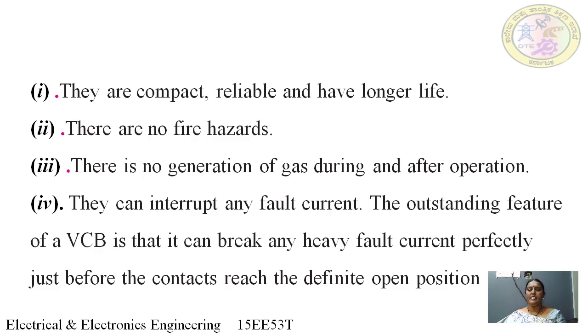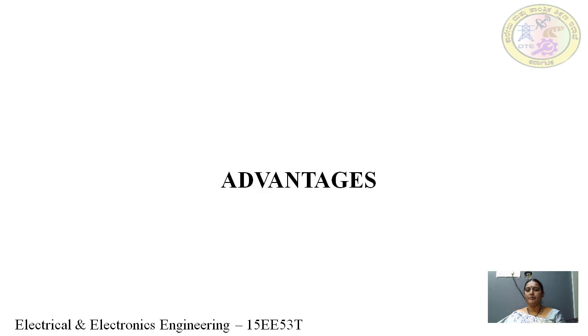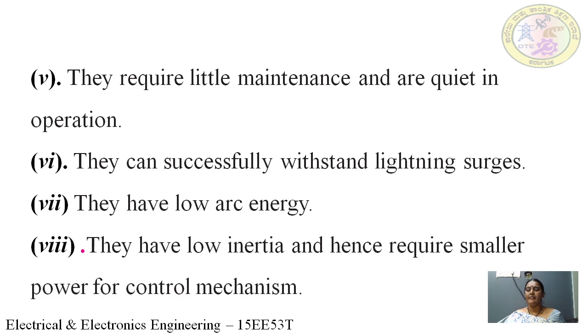The outstanding feature of vacuum circuit breaker is that it can break any heavy fault current perfectly just before the contact reaches a definite open position. Next advantages are they require little maintenance and are quiet in operation.